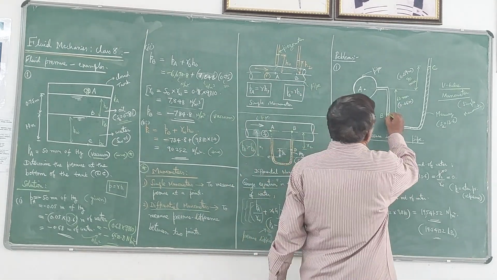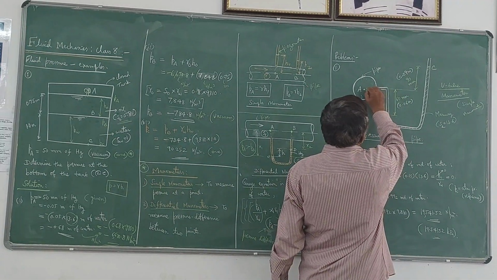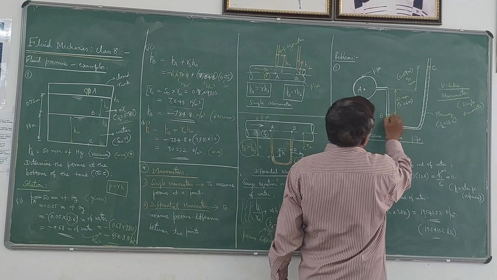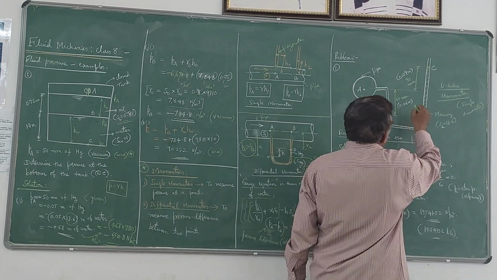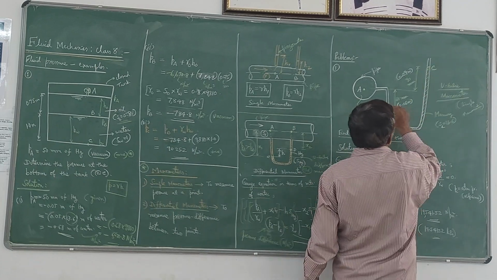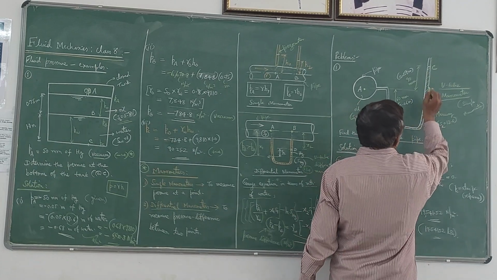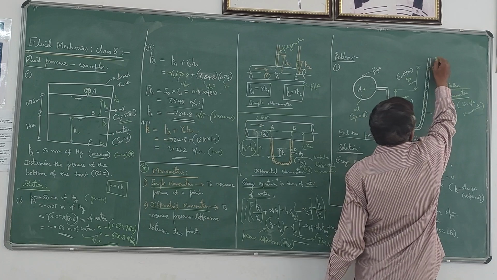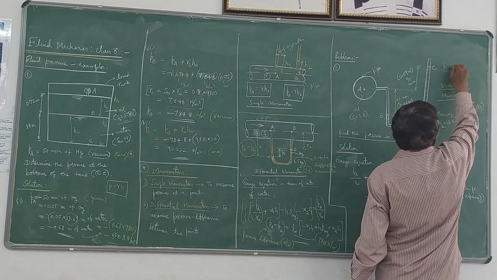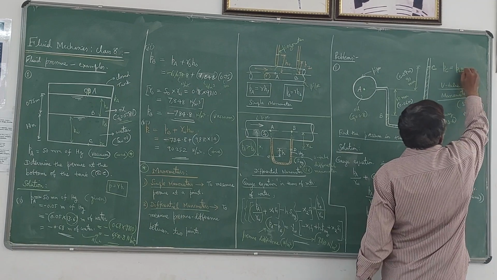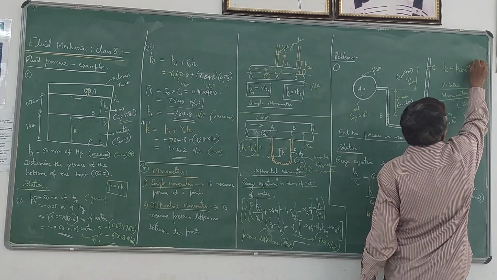Here he has given the mercury levels. So from the center of the pipe to this mercury level, it is 60 mm, that is 0.06 meters. And at the other limb, so these two are called the limbs, left limb, right limb. Other limb, it is open to atmosphere. So please note that the pressure here is atmospheric pressure, which we have to take as 0, very important.